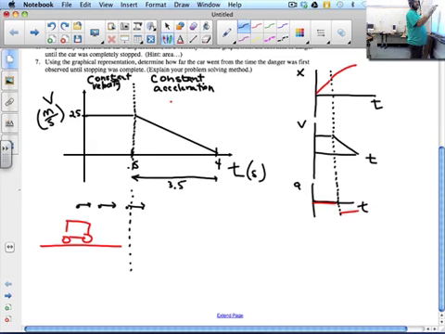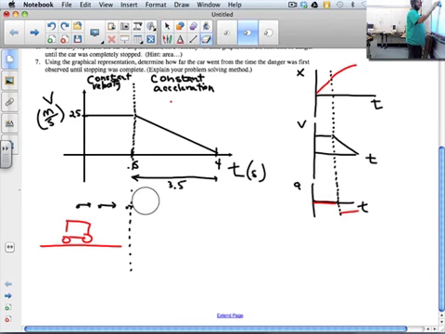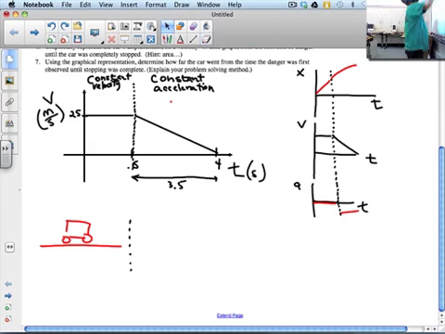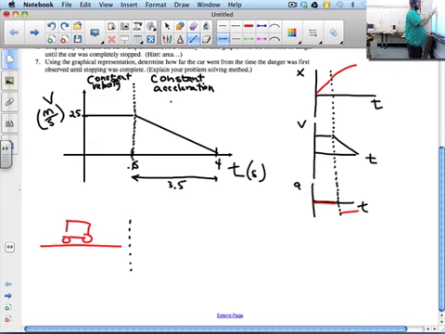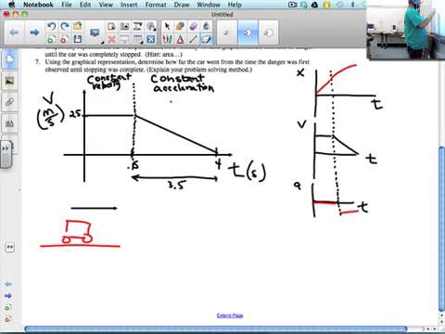Then after that moment in time, the car just slows down. Okay, so these arrows have to get smaller. That doesn't look very good. I'm going to use the arrow tool because it'll look a lot nicer. I'm going to make my arrows a little bit longer. Okay. So the car is cruising down the road.